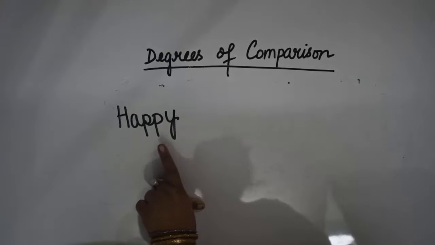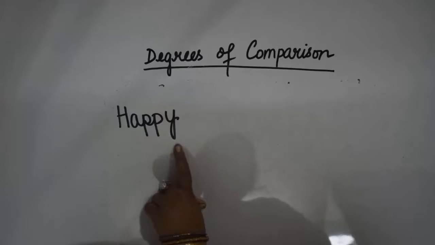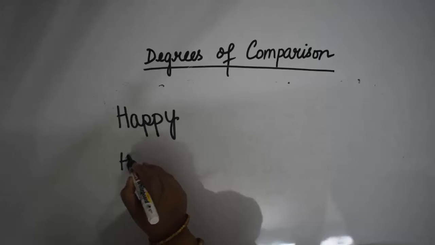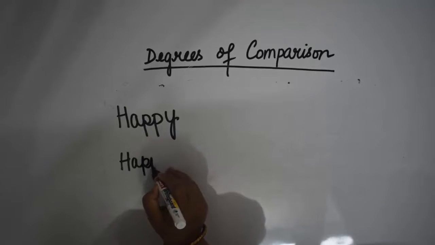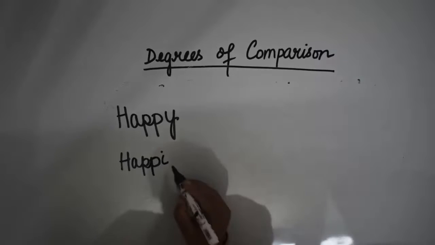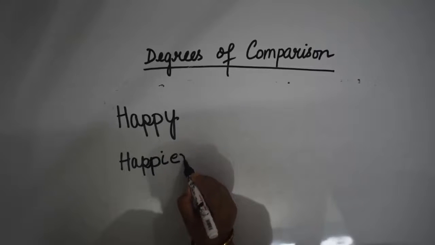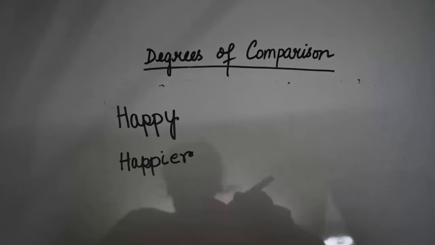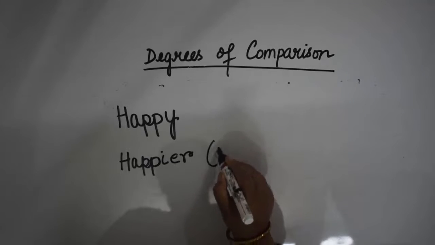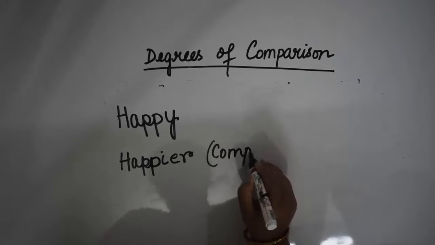So there is a consonant before Y. In such a case, what you have to do is change the Y into I and then add ER to form the comparative of the word happy, which is happier.